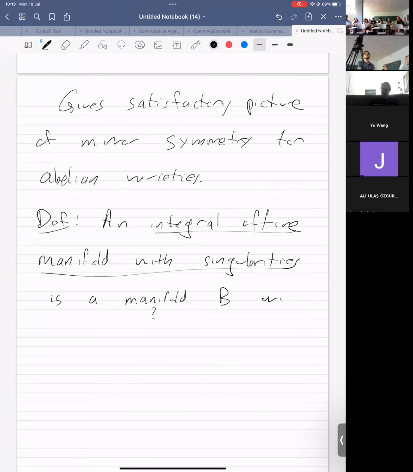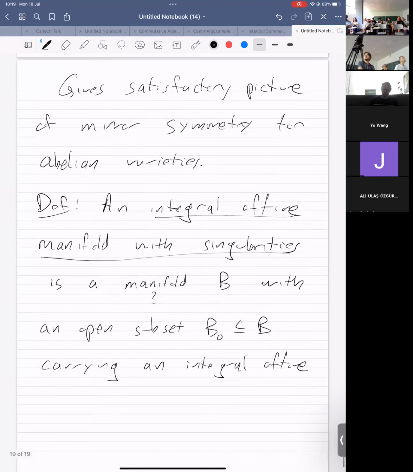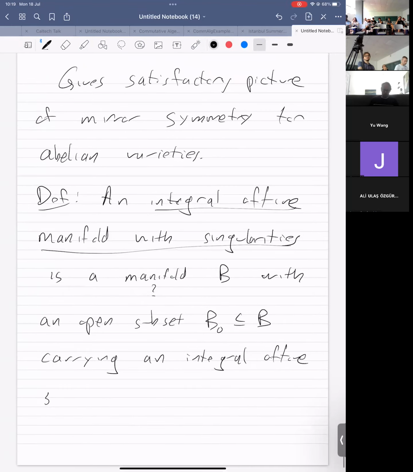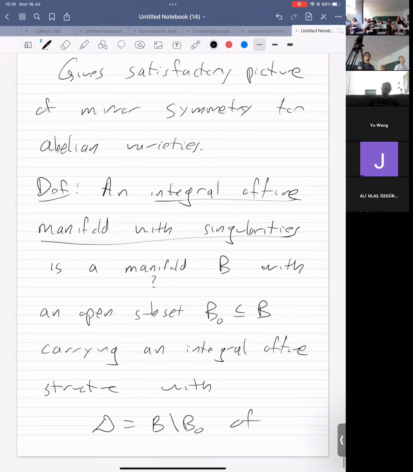B with an open subset B0 contained in B, carrying an integral affine structure, with delta, which is the complement of B0, of codimension 2.